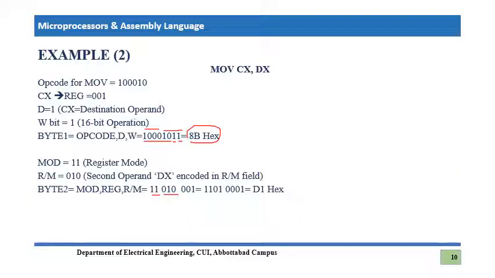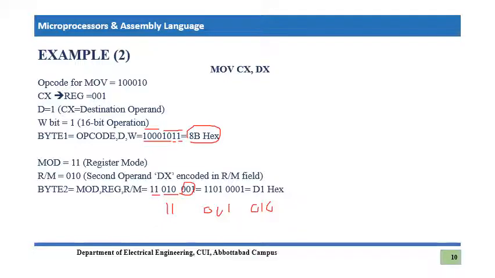Okay, there is a mistake. Register is 001. Okay, let me correct it. Mode is 11, register is 001, and r/m is 010.